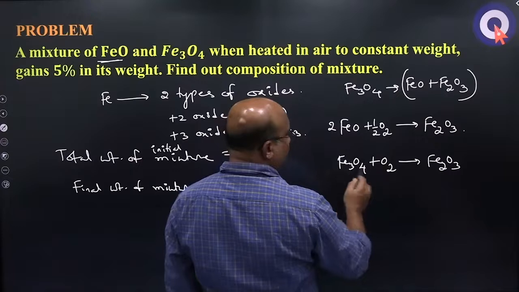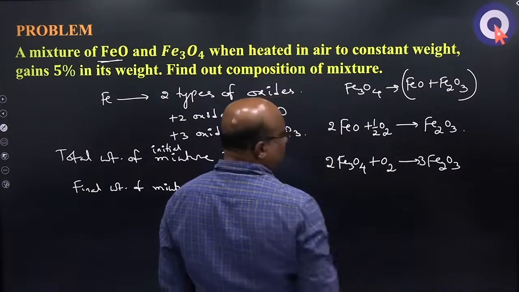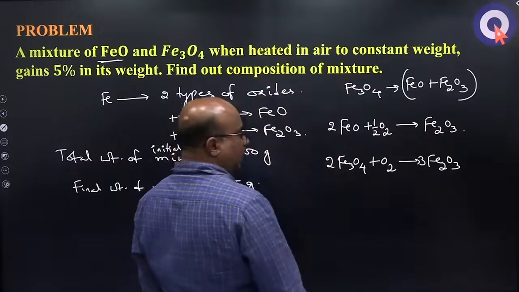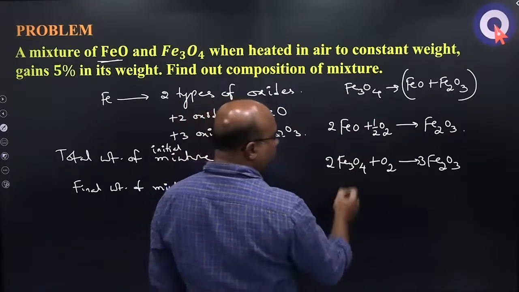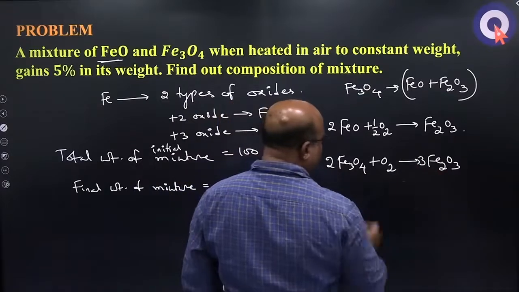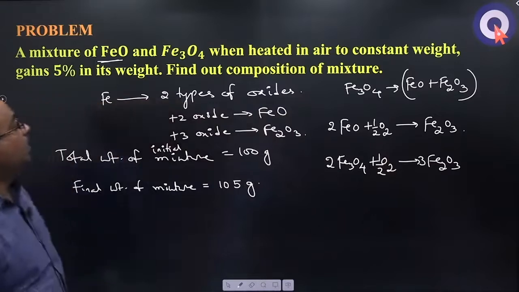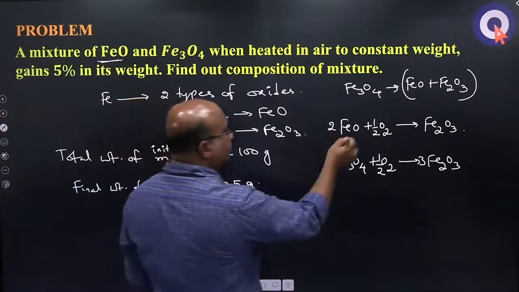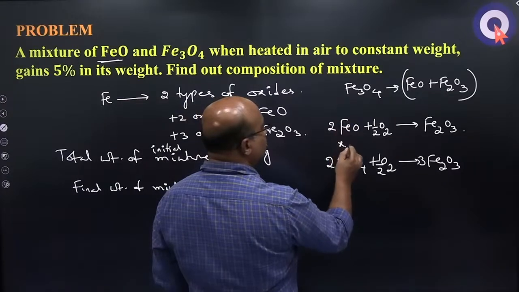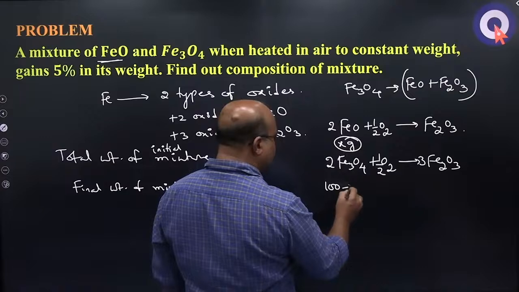Now this is 3, this is 2, so let us take this as 2 and this as 3, then iron gets balanced. This is 8, this is again 9, so it is also half. Now let us say if this weight is x, then the weight of this will be 100 minus x.